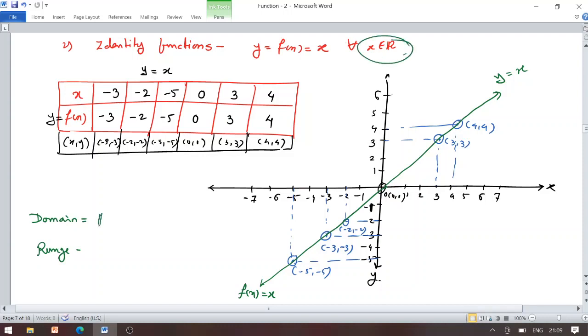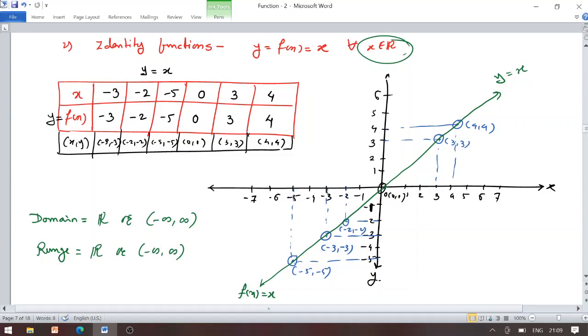So the set of all real values becomes our domain, or in terms of intervals, the open interval minus infinity comma infinity. Now for finding the range, since y equals x, that means the domain becomes your range, same values, all real values, or you might say an open interval minus infinity comma infinity.